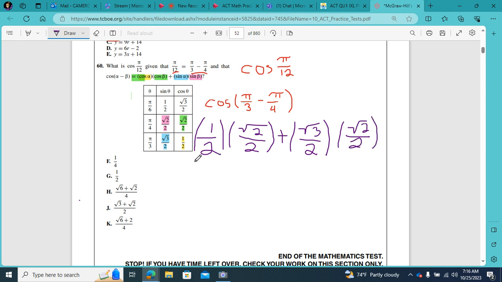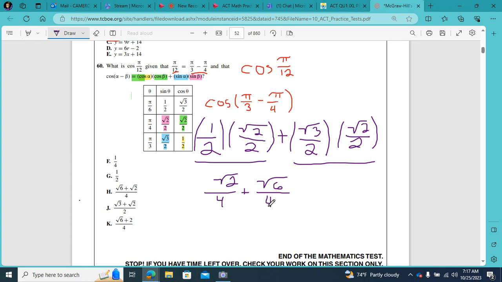Now I can multiply what's in front of the plus sign and what's behind the plus sign. And I get 1 times the square root of 2 is the square root of 2, over 2 times 2 is 4, plus square root of 3 times square root of 2 is going to be the square root of 6, over 2 times 2, which is 4.